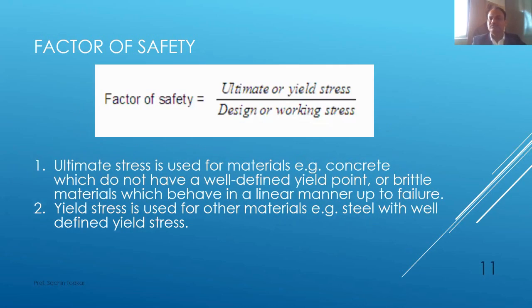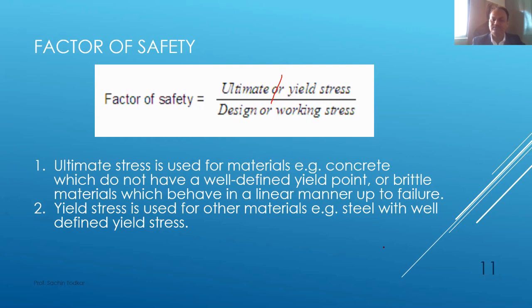So the factor of safety is nothing but ultimate or yield stress divided by design or working stress. So ultimate or yield, why is this 'or' there? In case of brittle materials, we use ultimate stress because there is ultimate fracture at that particular point.